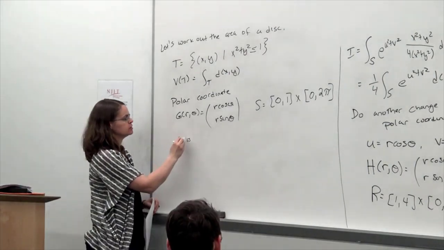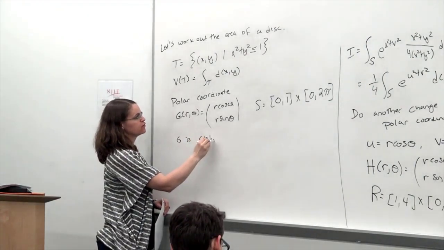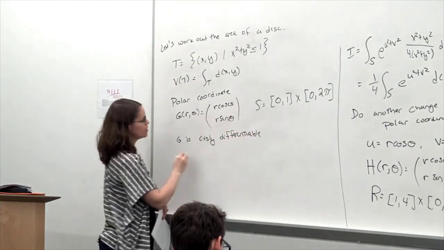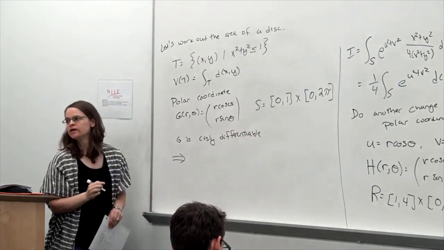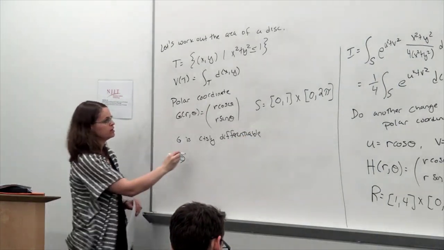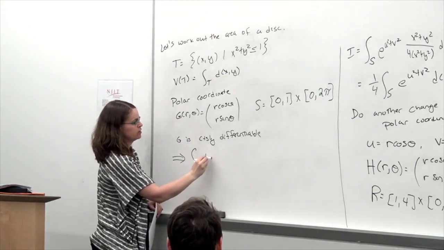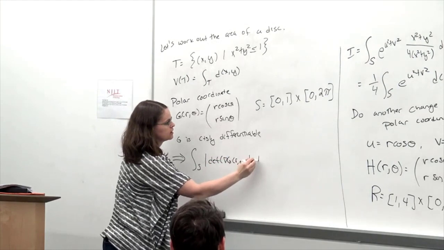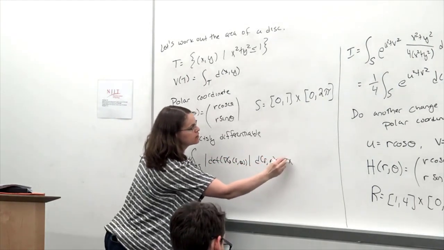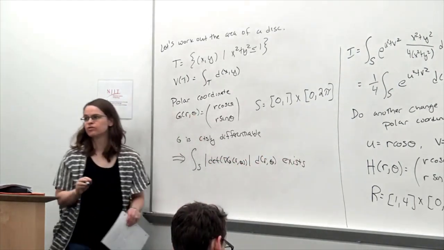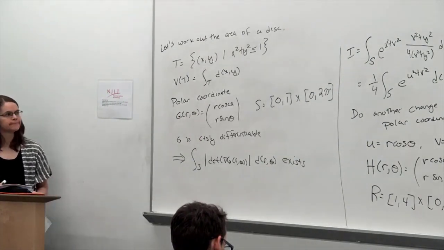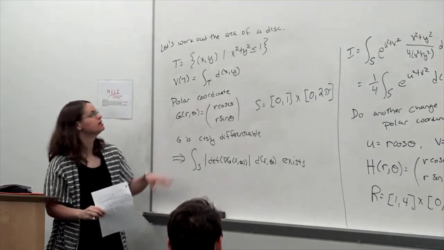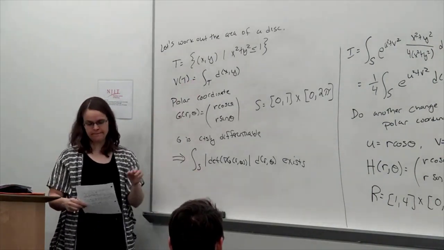G is continuously differentiable, certainly. Okay, so we're not going to have any particular issues here with the integral over S of this guy. This integral exists, and we can certainly do the integral. And I would like to use the change of variables theorem to say that this and this are the same.